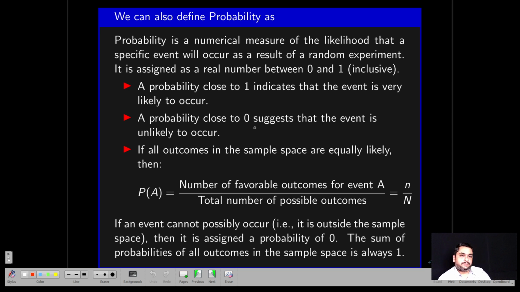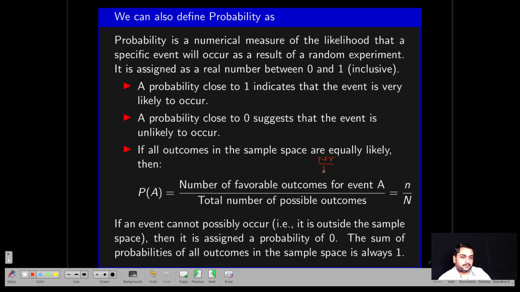So you can also define probability in other terms. Whatever probability definition I am explaining till now is a discrete probability definition. I don't want to explain the continuous probability distribution now because you will be confused. Let us start with this. When I explain the continuous distributions, I will explain the actual probability definition. This is not the actual probability definition. So you can also define it as numerator by denominator.